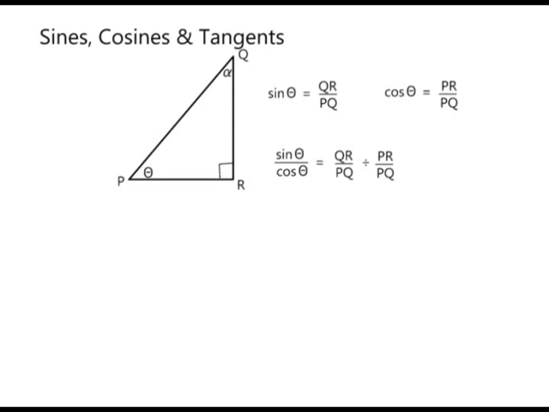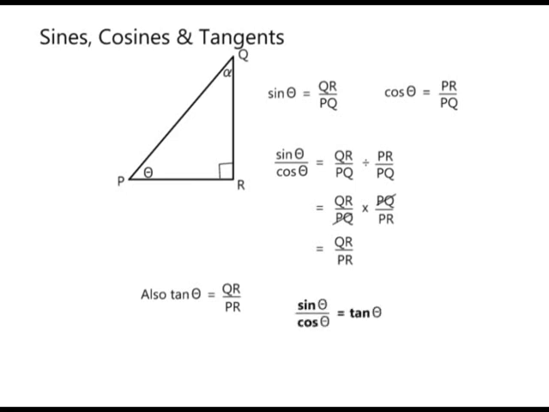That is equal to QR over PQ times PQ over PR. PQ cancels out, and that gives us QR over PR. Also, tan theta is equal to QR over PR, and therefore sin theta over cos theta is equal to tan theta.